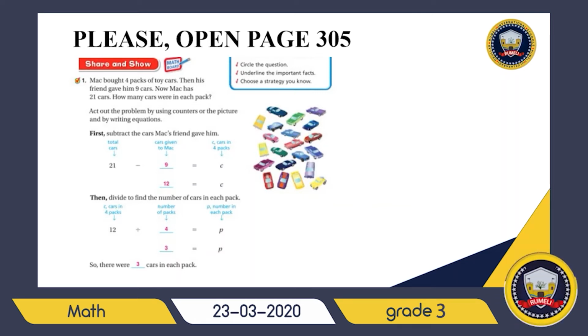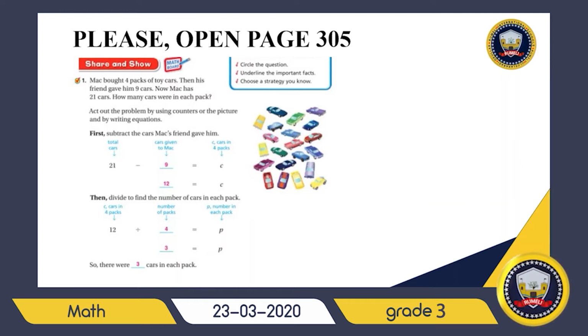Good job. So what do 12 cars represent? 12 cars shows Mac bought 4 packs of toy cars. It means in 4 packs of toy cars there are 12 toy cars in total. It's asking for how many cars were in each pack. If 4 packs include 12 toy cars, in each pack how many toy cars will I have?